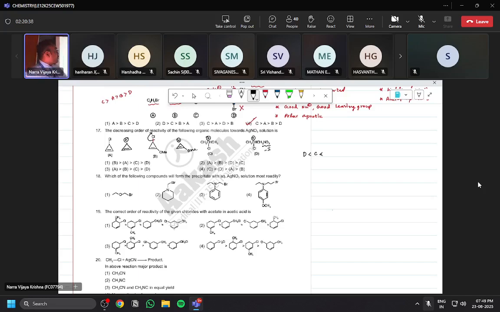Now among these two, which is more stable? Here it shows resonance also. Correct? The number of conjugations will increase. So better I will go for B greater than A greater than.